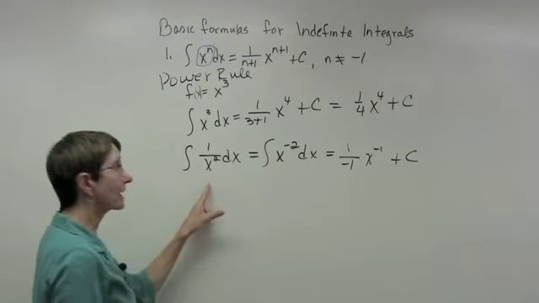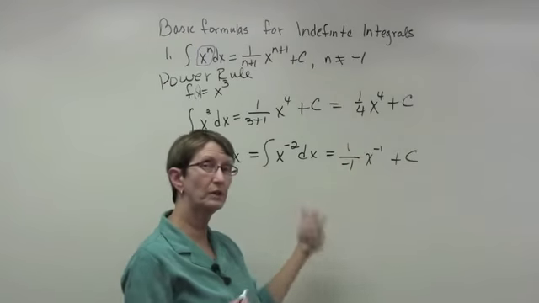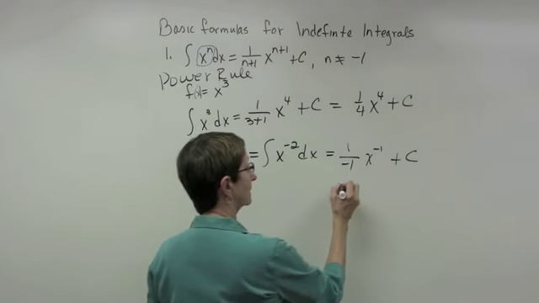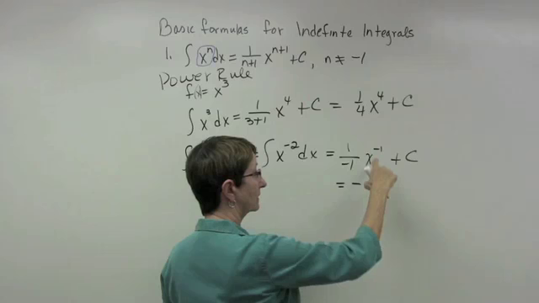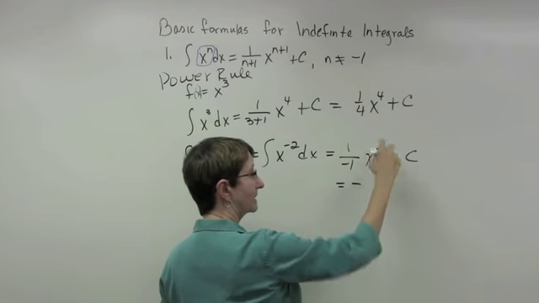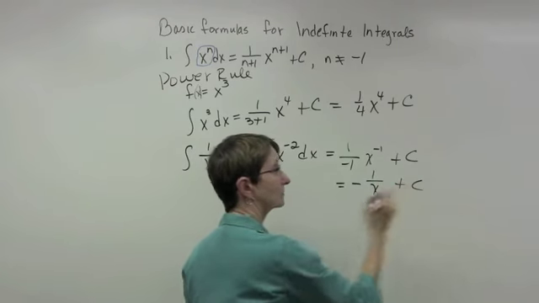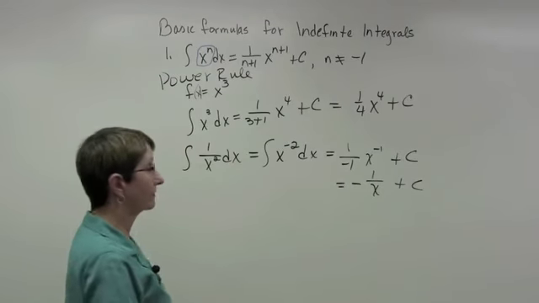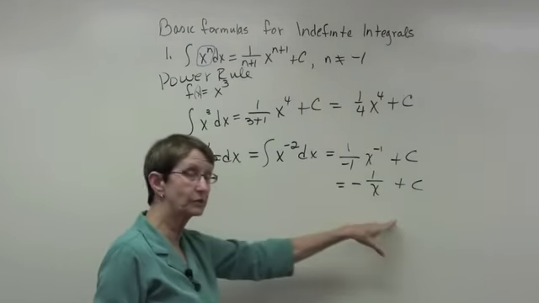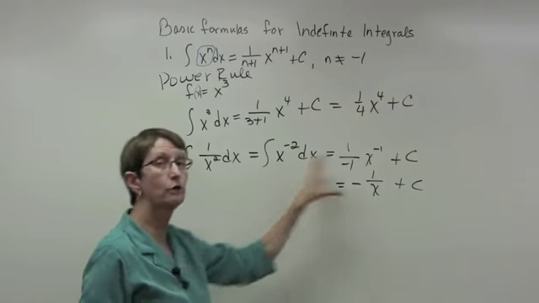And since this one started out in the denominator and that looks so messy, we do want to simplify this a little bit. So let's take our negative, and then this x to the negative 1 means write that in the bottom as x to the positive 1. So this is what we've got for this rule. And this is our answer right here. We don't go further.